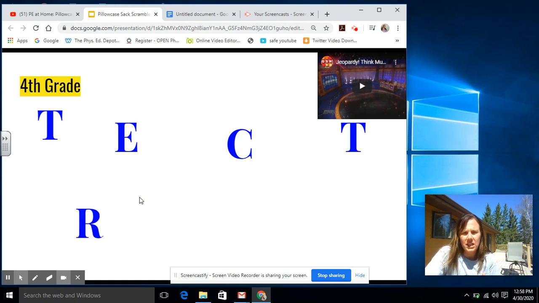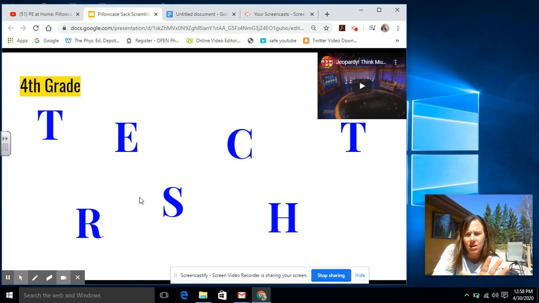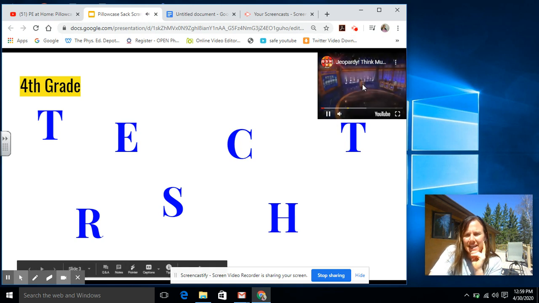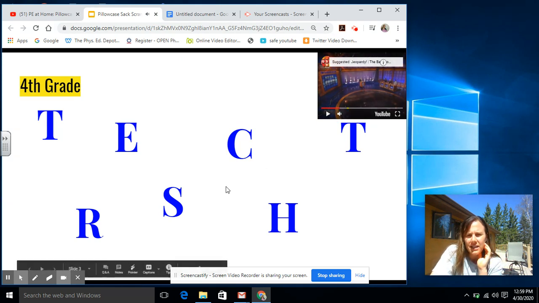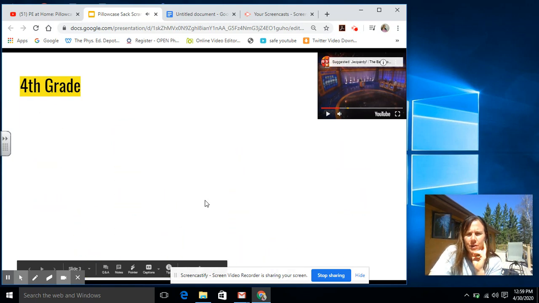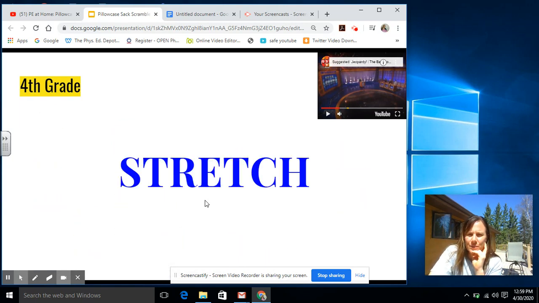Now I know that this one in particular has 7 letters, so I know that the next one is the last one. So I pause there and I press the timer. Then they have 30 seconds to try to unscramble the word. And at the end of the 30 seconds, I will click and it will reveal the answer.